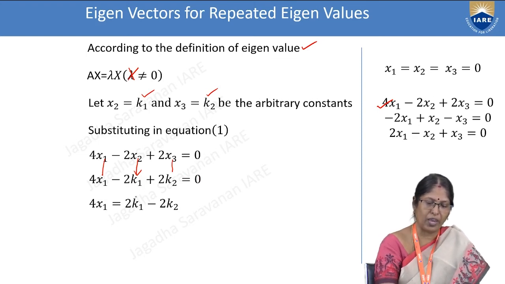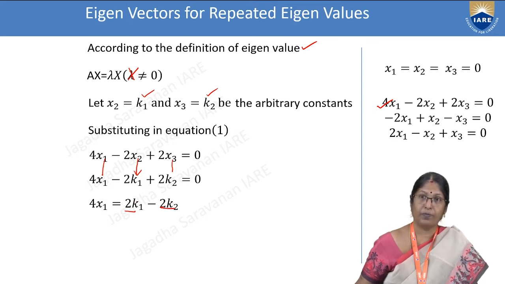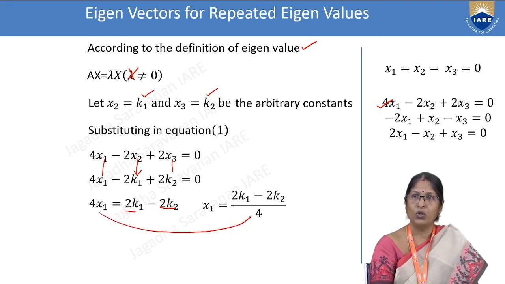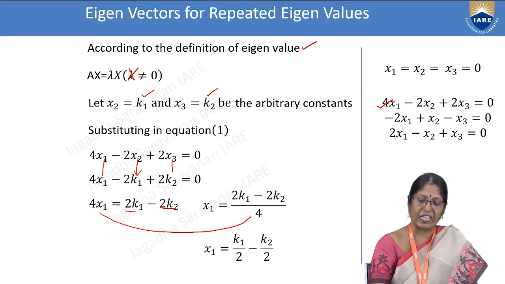So minus 2k1 becomes plus 2k1, and plus 2k2 becomes minus 2k2. So x1 equals, the 4 has gone down: 2k1 minus 2k2 by 4. So x1 equals k1 by 2 minus k2 by 2, we got it.